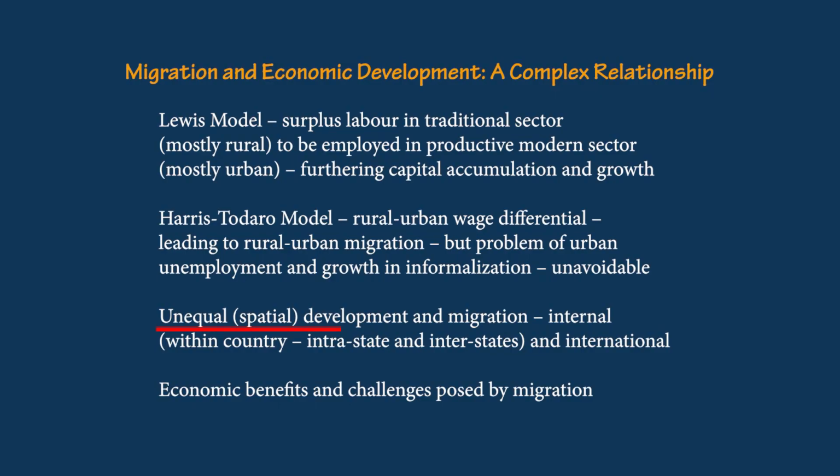To high income countries. And so unequal development and migration are actually linked. And it can be within a country, like intrastate, interstate, or it can be international also. So what we are trying to argue is there are economic benefits of migration, but at the same time, migration poses some serious challenges. And with this, we come to the take-home points of our discussion today.